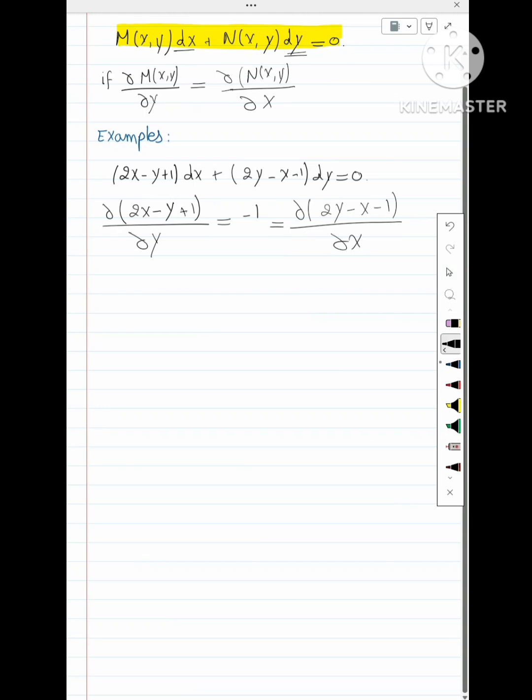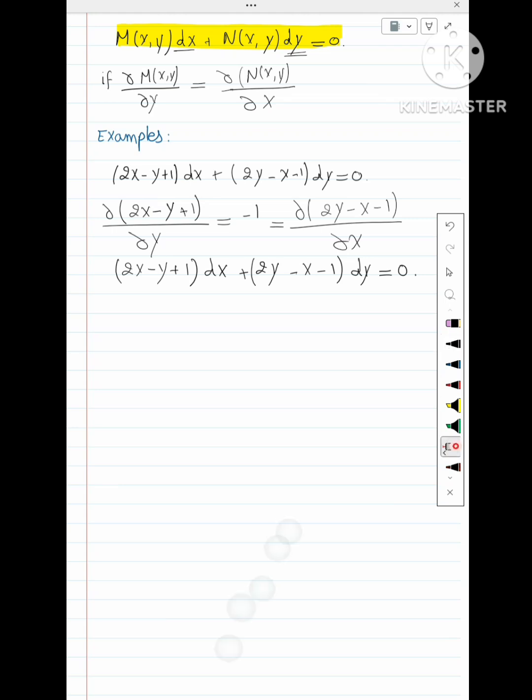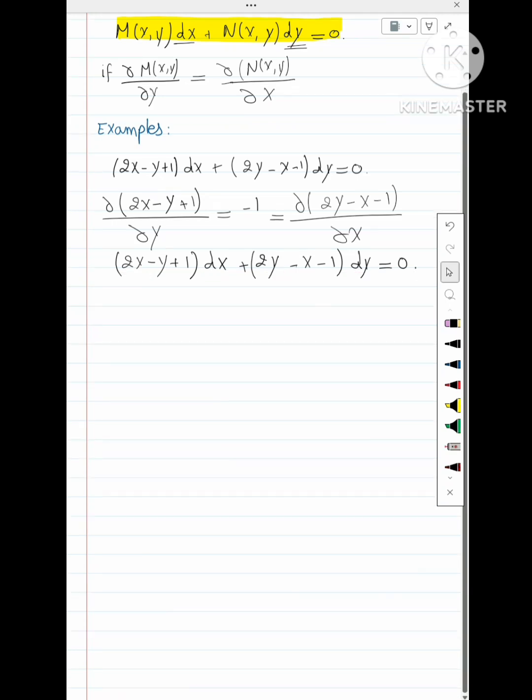So let's return to our equation. We have (2x - y + 1) dx + (2y - x - 1) dy = 0. The first thing we need to do is to group everything, so that we have x's with dx and y's with dy, and everything mixed on the other side, like x dy, or a function of x times dy, or a function of y times dx, or the opposite.